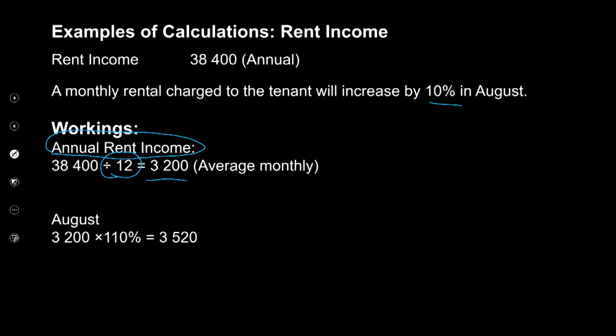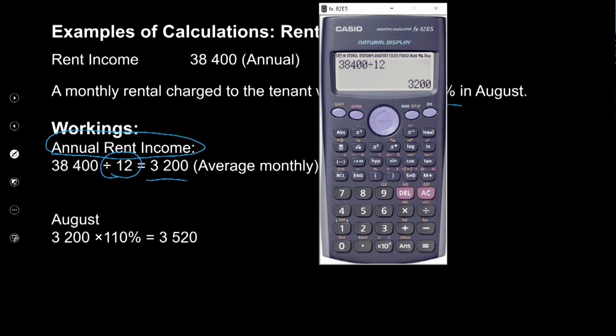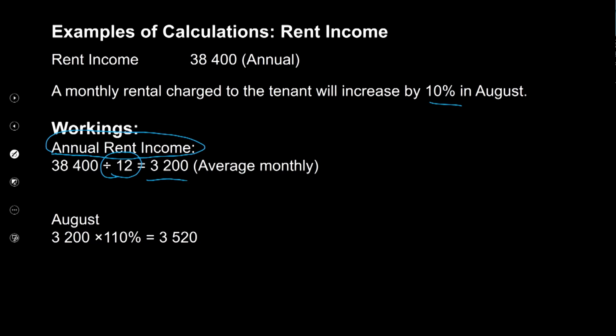So 3,200 times my 10% will give me a figure of 320, plus the 3,200 will give me 3,520. So you're increasing it by 110%. Why? 100% plus the 10% increase. 3,520 will be my new rental effective from August.